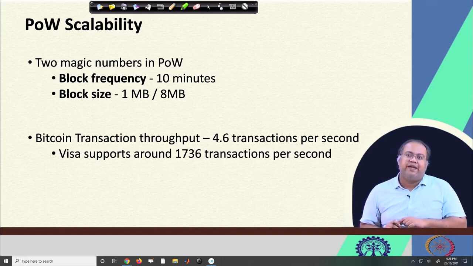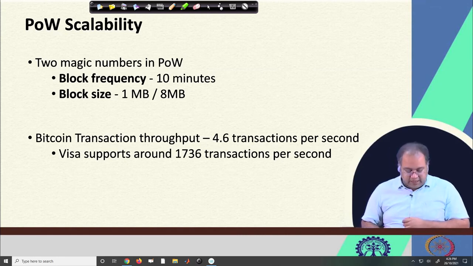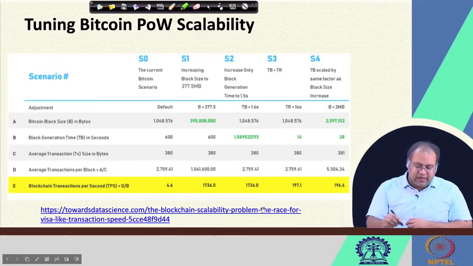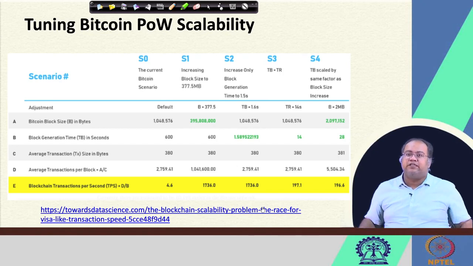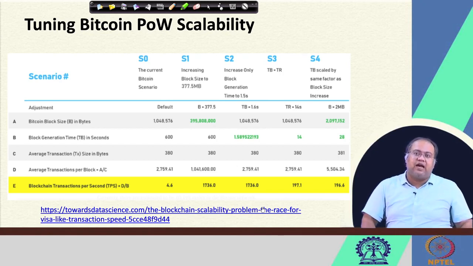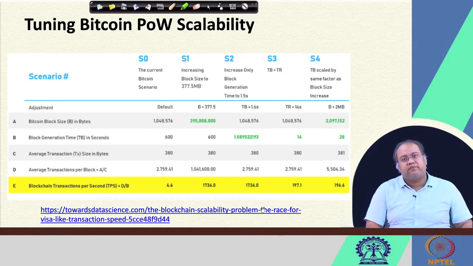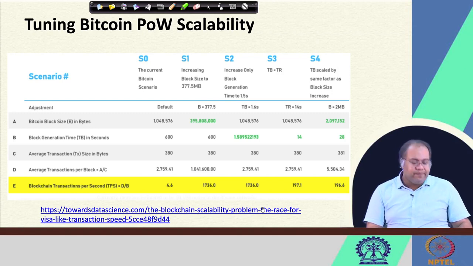So, with which parameter setup can we reach something that is supported by Visa, that means around 1736 transactions per second? This is a table that I have taken from a particular website, which provides a nice article about blockchain scalability.